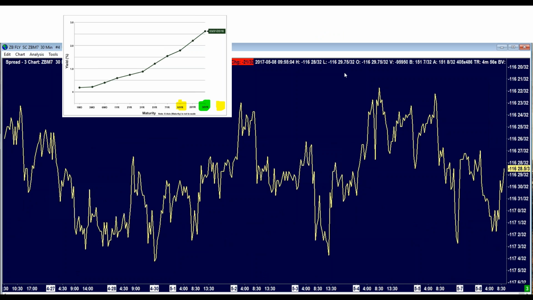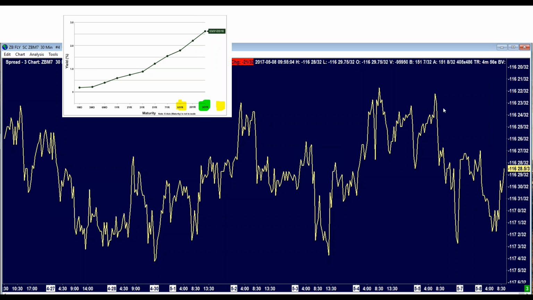What we have here is just the ZB butterfly. Now the ZB butterfly is just going to be the knob against the bub. Buying the 10-year. So right here, if we want to sell this, we're buying the 10-year, selling the ZB and buying the ultra.